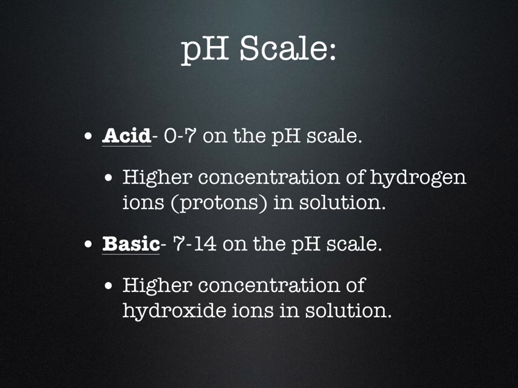There are two theories that we will talk about in the future that define an acid, but for right now, we're just going to say that if it's 0 to 7 on the pH scale and produces a hydrogen ion, it's an acid. On the flip side, if it's 7 to 14 on the pH scale and has more hydroxide ions than hydrogen ions, it's a base.